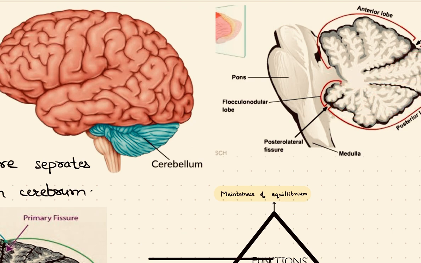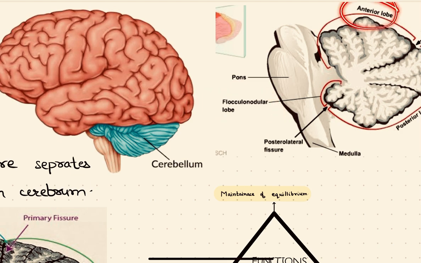And there is another structure which is present towards the medulla and pons, that is flocculonodular lobe. So there are basically three lobes of cerebellum. The first is anterior lobe, the second is posterior lobe, and the third is the flocculonodular lobe.